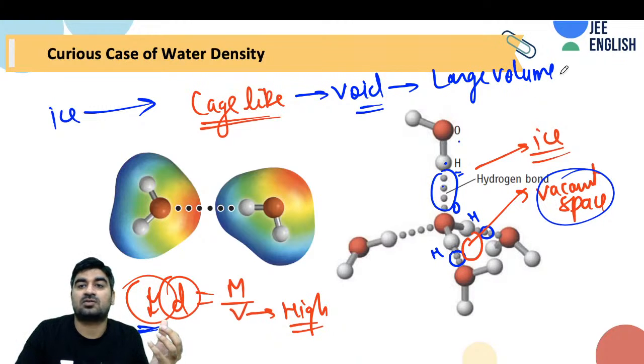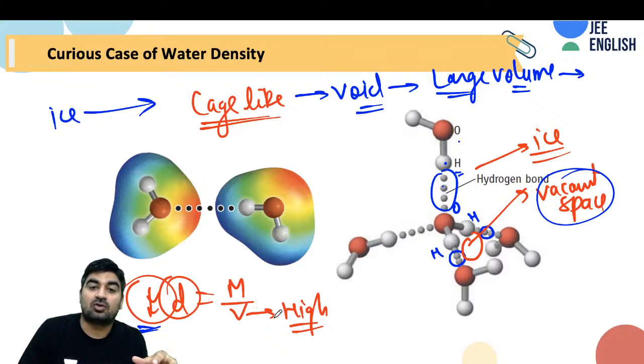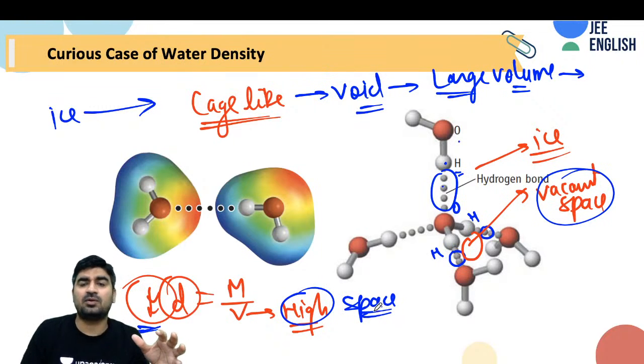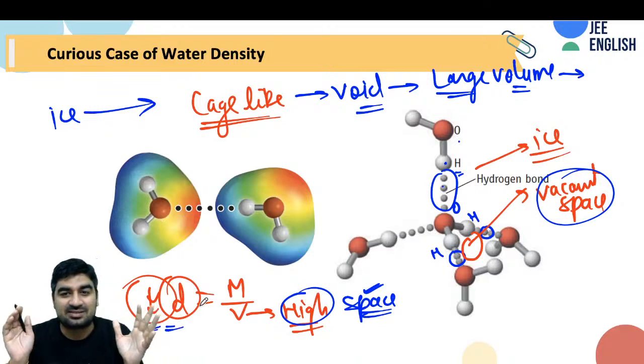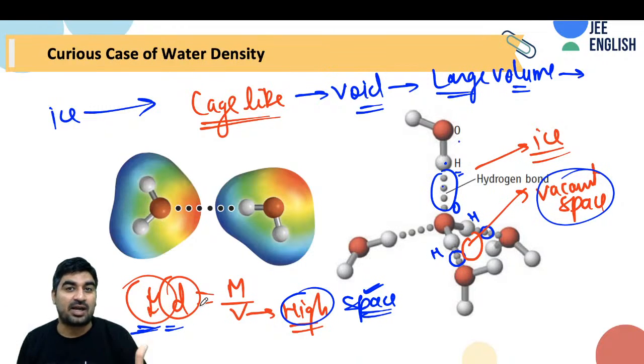Due to that large volume, it will occupy high space, and if space is high, the density will be less. So guys, now it is clear why ice floats over water.